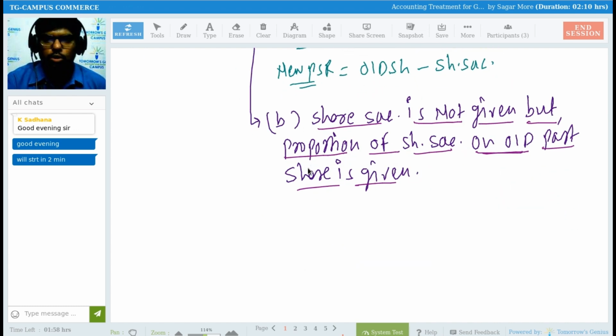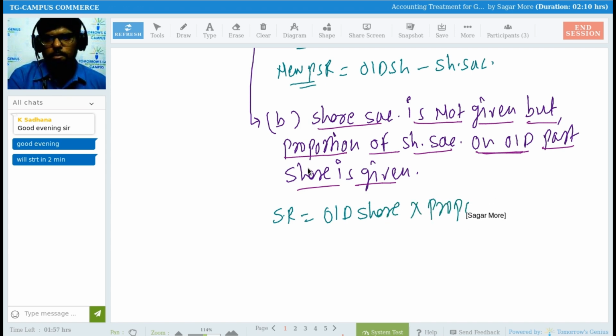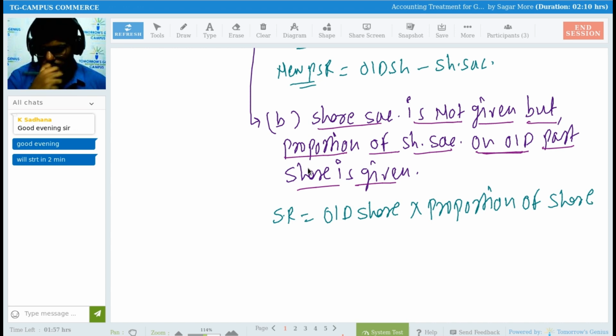If such is the thing, how to calculate sacrifice ratio? So formula is sacrifice ratio is equal to old share multiplied by proportion of share sacrifice, right?